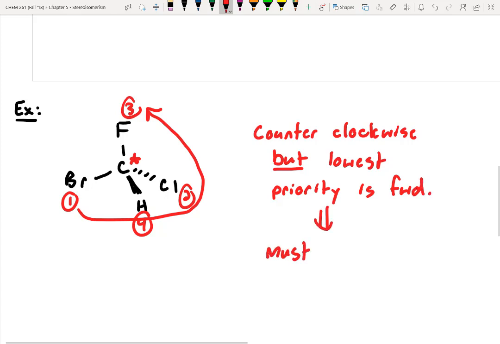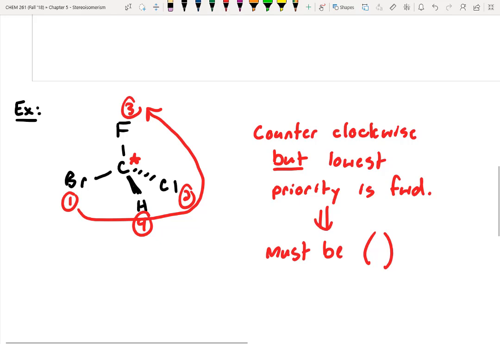It must be an S configuration. Does that make sense? The normal rules apply if your lowest priority is a dash. If it's not a dash, just flip it to the opposite. Another thing you could do is instead of viewing it from top down, flip it around and view it from bottom up, right? And then your lowest priority would be a dash and the rules would apply like normal.